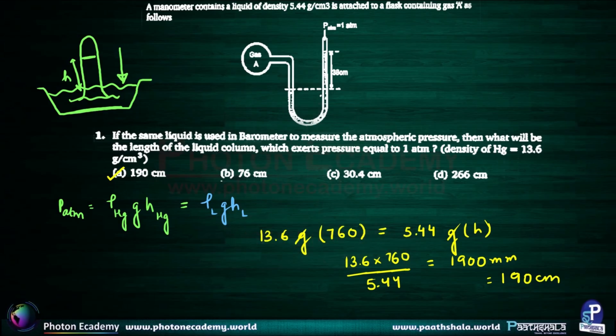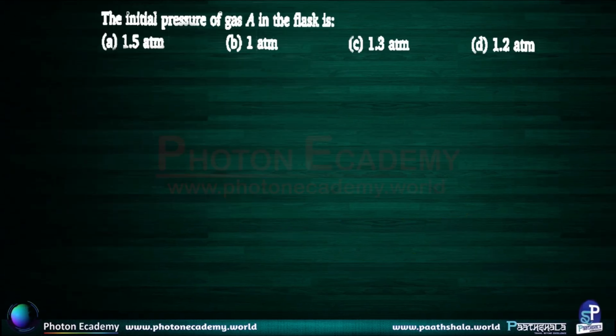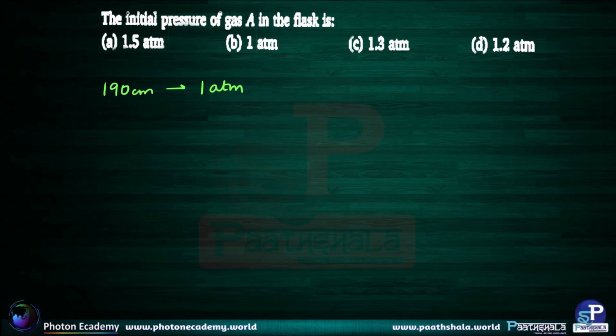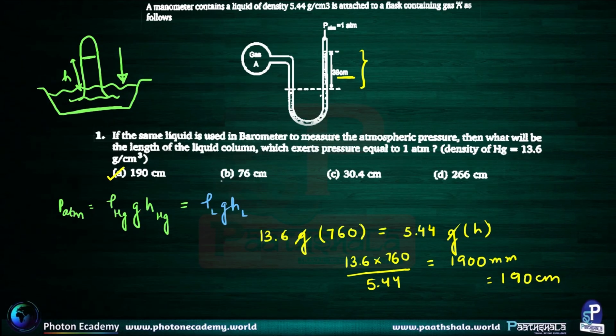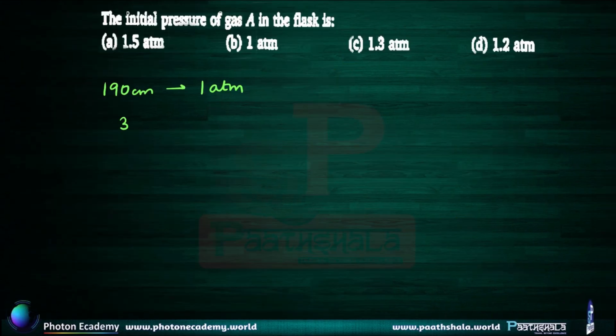Okay. Now remember that the pressure exerted by this liquid column is corresponding to 38 centimeters. Now in the previous part, we've solved that 190 centimeters would imply 1 atm, right? So what we have here is 38 centimeters. So what would 38 centimeters correspond to? They would correspond to 1 divided by 190 into 38.